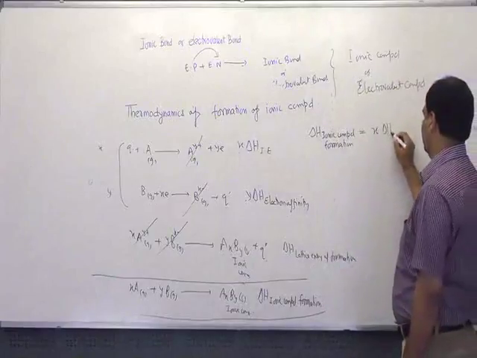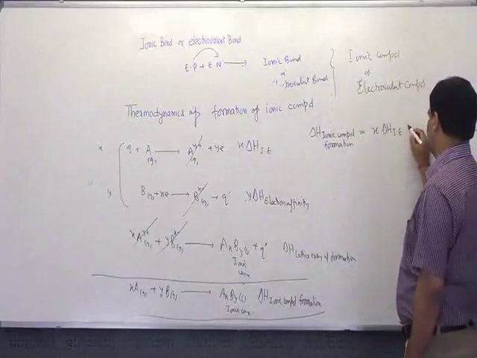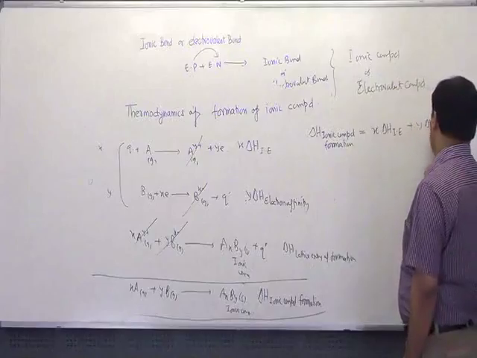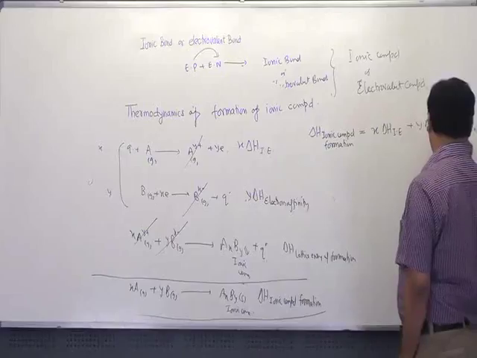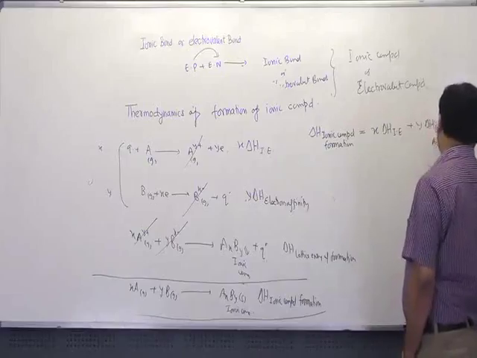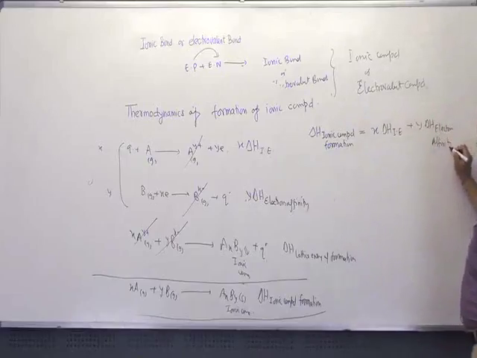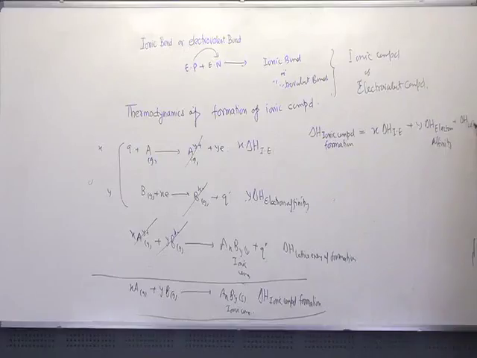x times delta H ionization energy plus y times delta H electron affinity plus delta H lattice energy of formation. So we can write this.